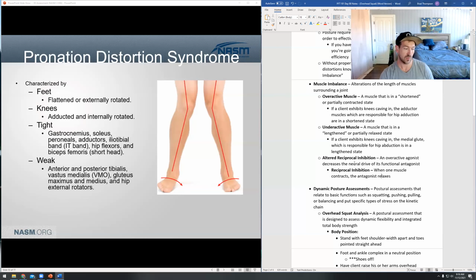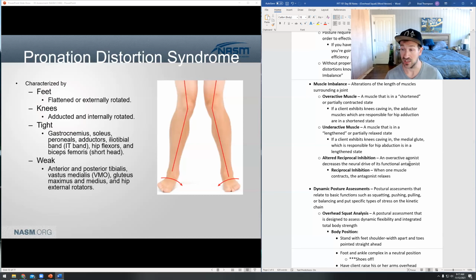But what happens if we contract the agonist and then the antagonist doesn't let go? We end up with what we call altered reciprocal inhibition, which is where an overactive agonist decreases the neural drive of its functional antagonist. Okay, so the opposite muscle on the other side of the joint refuses to let go.